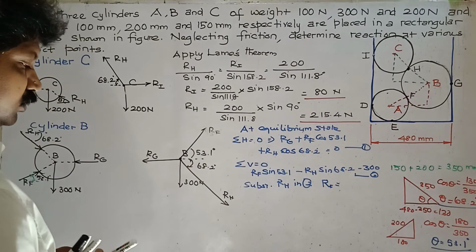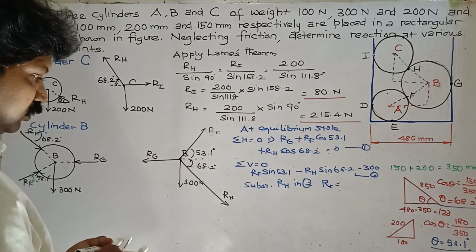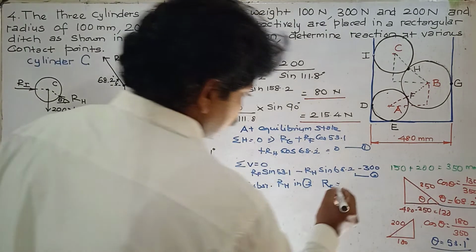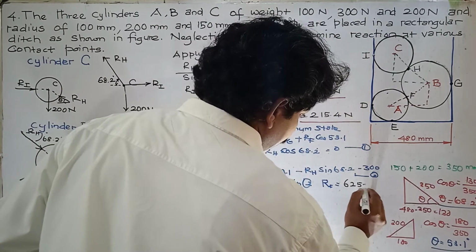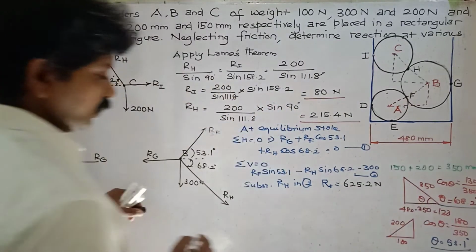RF equal to 625.2 Newton. And the next, cylinder A.